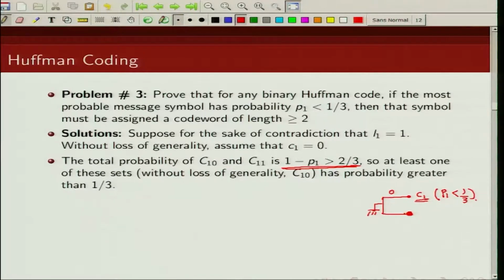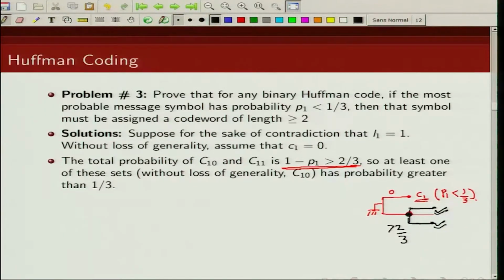This node must have been formed by combining some other nodes. So if this has probability greater than 2 by 3, and there are 2 nodes or leaves merging here, then at least one of them must have probability greater than 1 by 3, right?